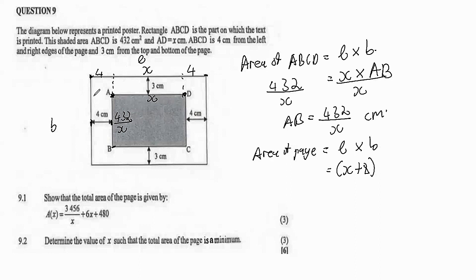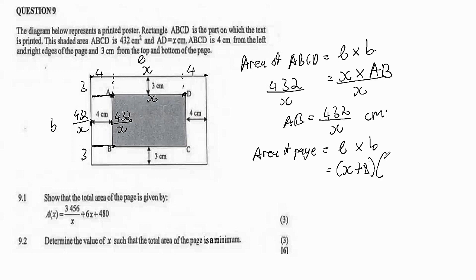This would be the 3 centimeter here, and then the 3 centimeter here, plus this 432 over X. Remember, this is the same distance as the AB here. So the 432 over X. Now adding all of this would give us the breadth.